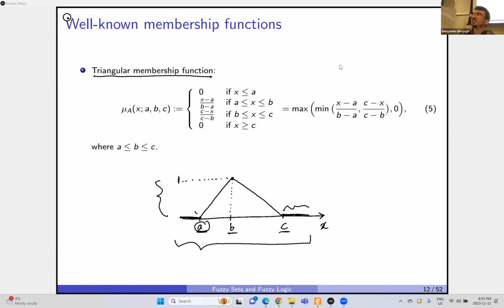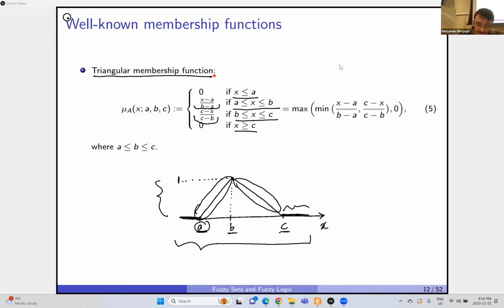At B, it becomes 1, right? Usually, not always, but most often, the membership functions reach 1. Okay, so at least in some points we say that it has complete membership. Okay, so before A, it is 0. Between A and B, this is the equation of this line. Between B and C, this is the equation of this line. After C, it's 0.